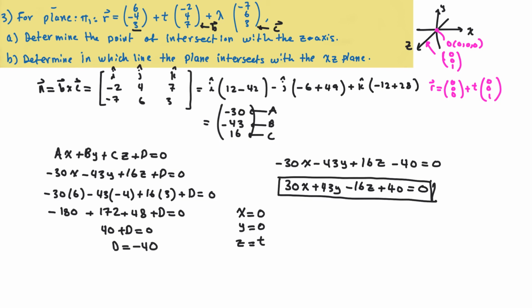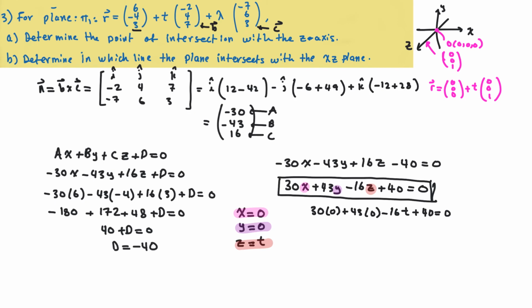So now I will come back and use this equation in my Cartesian form. So x is equal to 0, y is equal to 0, and z is equal to t. And let's solve for t in this case. So I will have 30 times 0 plus 43 times 0 minus 16 times t plus 40 is equal to 0.